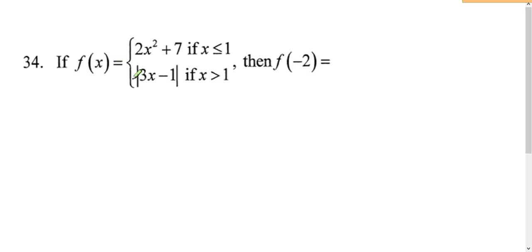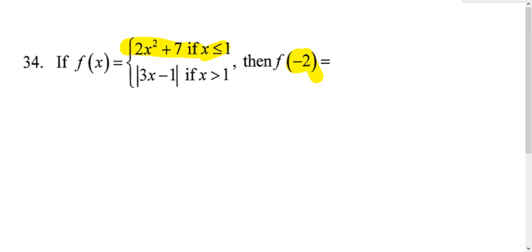So when you have a piecewise function and you're just plugging in, we're plugging in negative 2. You have to determine which piece it gets plugged into. So since negative 2 is less than 1, it's not greater than 1, we're plugging into the top equation.